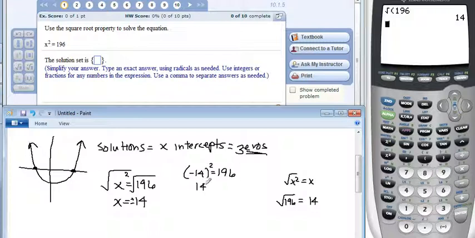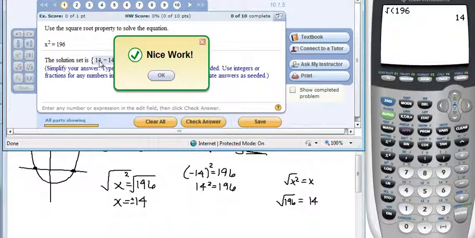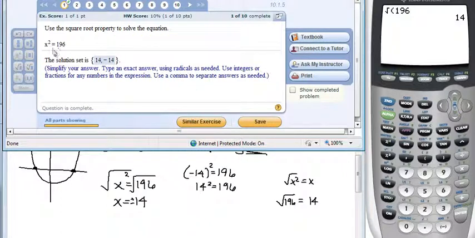And same with 14 squared. So that's how we get the 2 answers here, is we do the positive and negative values of these. So here you'll do 14 comma negative 14, because both of those would work in that equation when you plug them back in. This is telling us that we need up to 2 solutions.